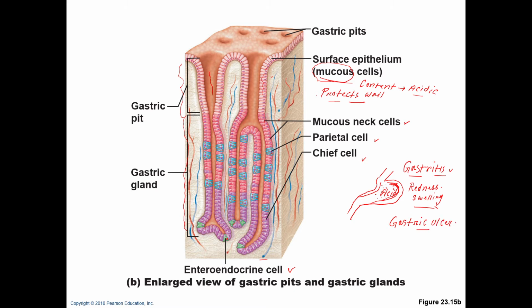Okay, more advanced stage. Gastritis is initial, and ulcer is if injury occurs. Bleeding can also occur from the ulcer. Bleeding may occur. Okay.